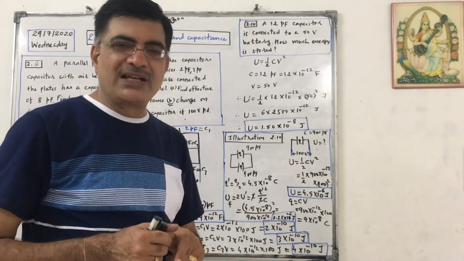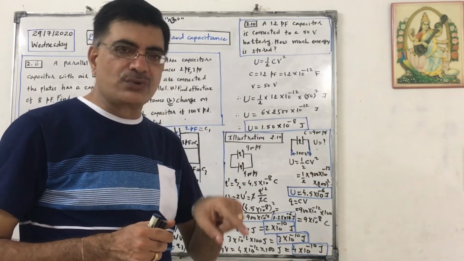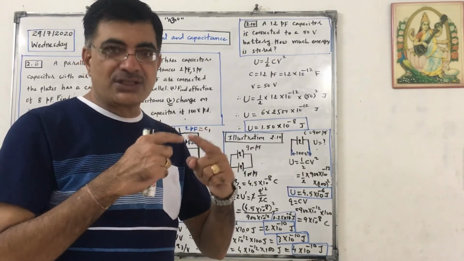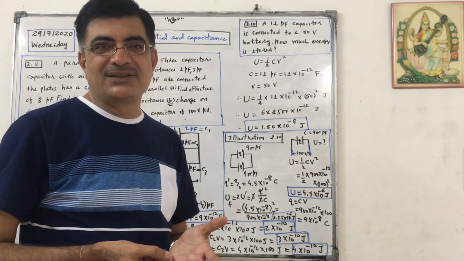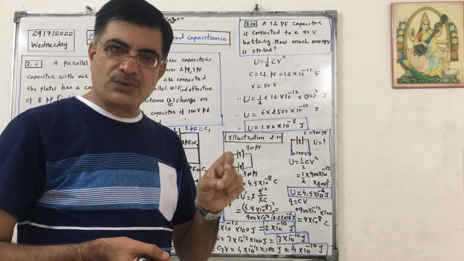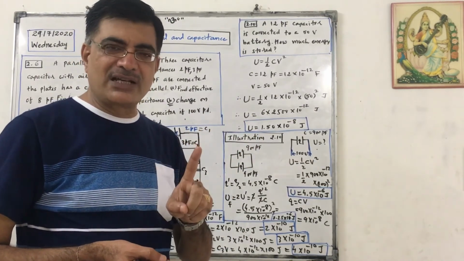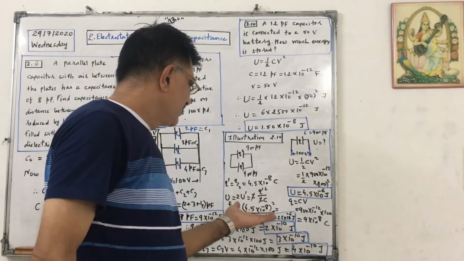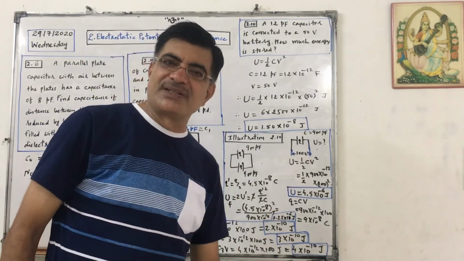So for each we use Q dash square by 2C. But the energies will be added, we have already explained. So it is Q dash square upon 2C, 2 times. So it is Q dash square upon C. Putting the value, it is 2.25 into 10 raised to minus 6 joule.